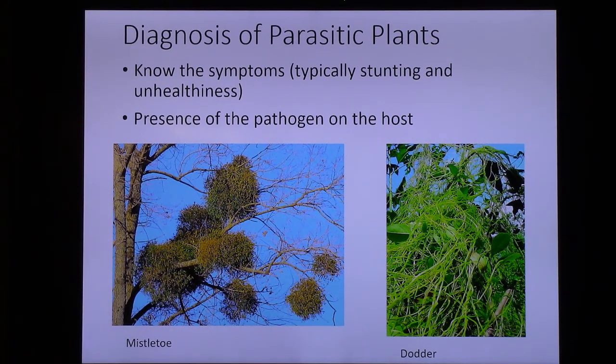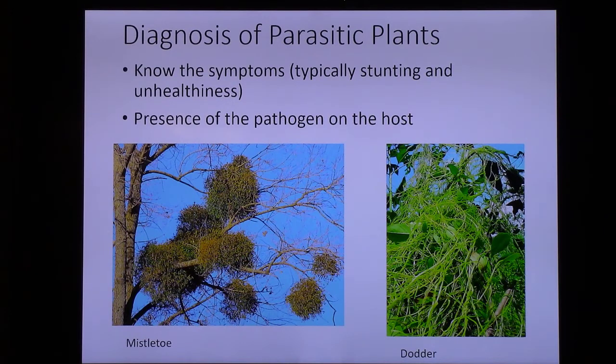Now, I will say for mistletoe, if you do have mistletoe in a tree and it's at a place where you can get to it and control it, the best way to control mistletoe is to, wherever you see that mistletoe growing out of the branch, come back towards the trunk about 8 to 12 inches, and then you can cut there.